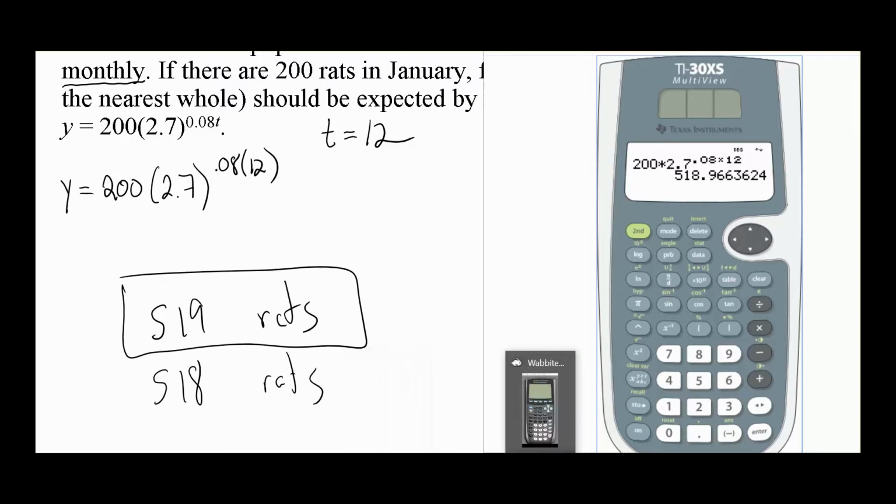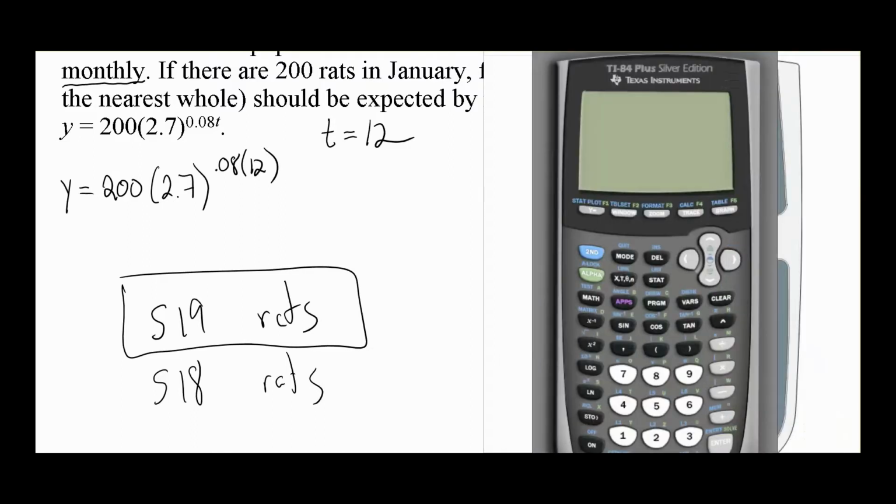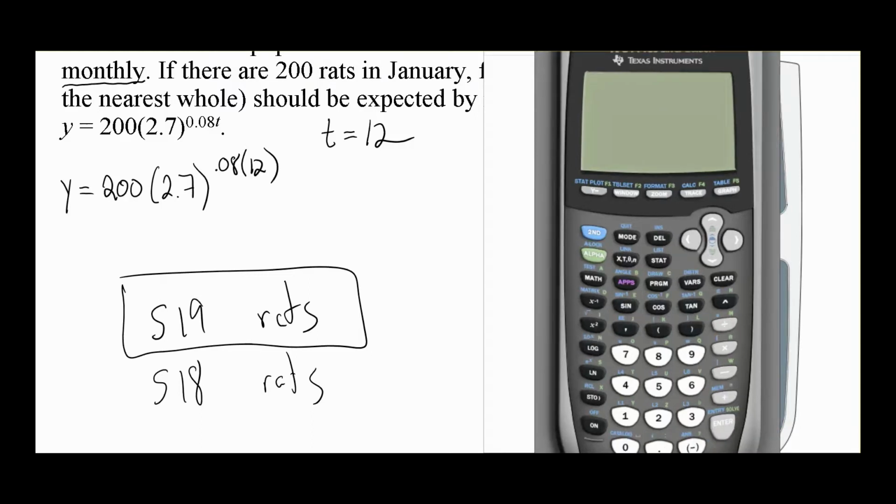Now, I do want to point out that if we're using the graphing calculator or any other similar calculator, let me go ahead and just get it a little bit better on the screen. So if we want to type this in here, where we have 200 times 2.7 to the power of, this calculator is actually doing the power in the same way.